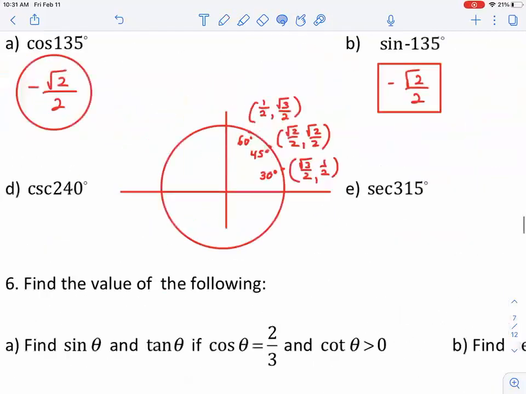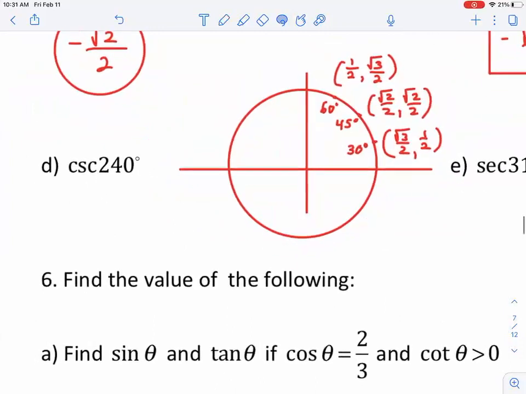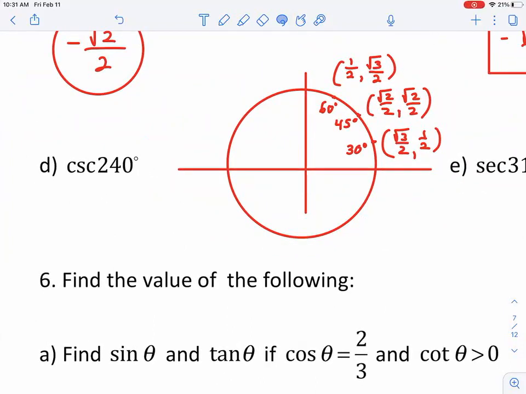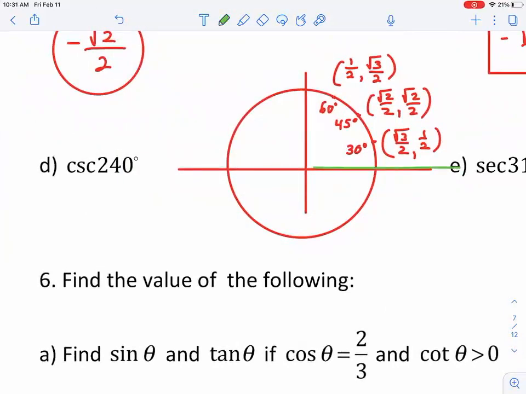If I want to find the cosecant of 240, I first need to determine what quadrant I'm in. So 240 is, here's 90, here's 180, and 240 is going to be somewhere in here because this is 270, right? 270 is straight down.